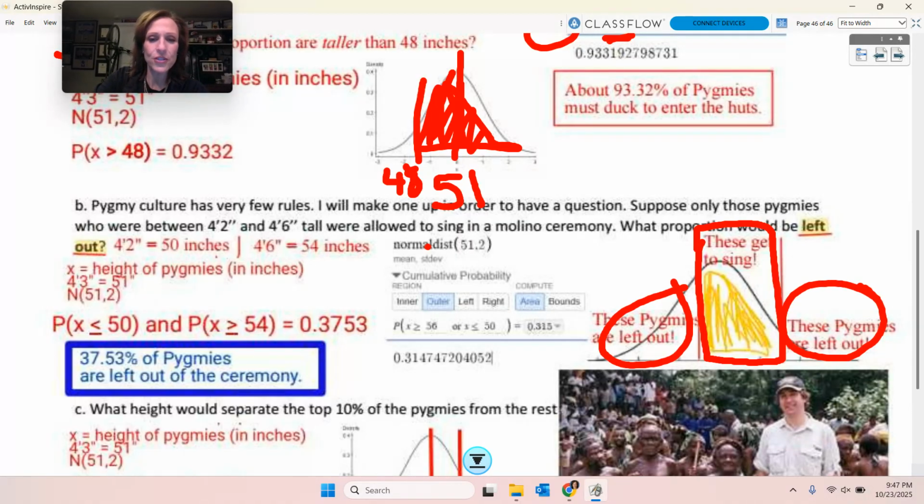It's easy in DESMOS because we can just compute the outer area for greater than 56 and less than 50, and it gives you that amount right there, 31.47%. So I guess this should be a 47. That's what my DESMOS says.